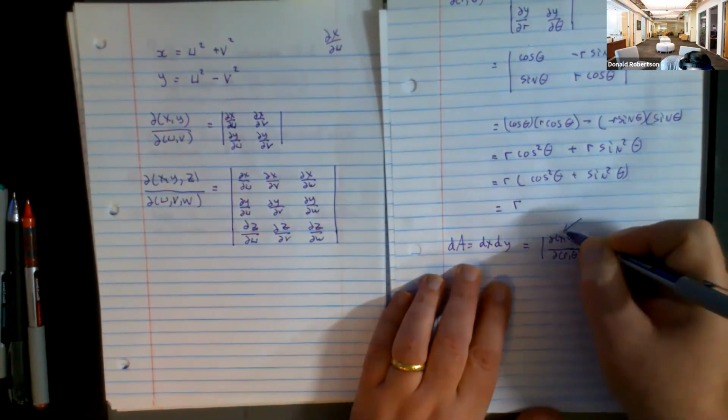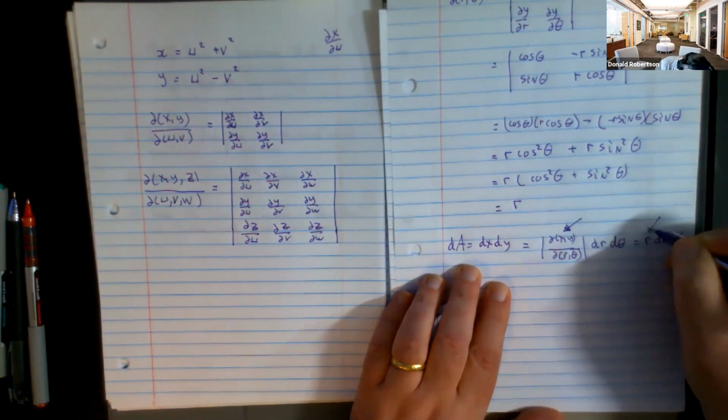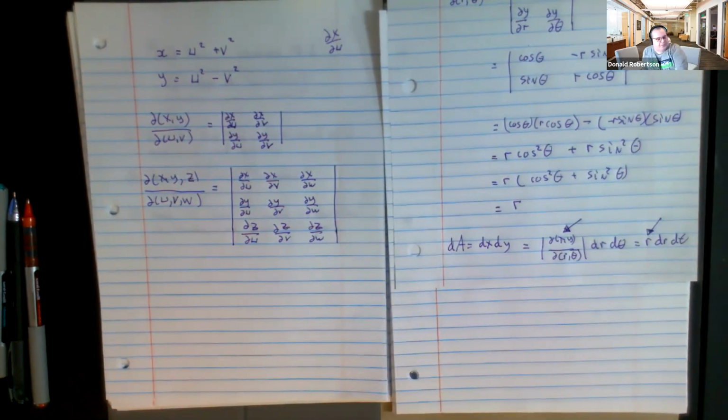So this fella here is where that comes from. So it's not magic, is it? That r is there for a very specific reason. The Jacobian is how you transfer an xy coordinate differential into an r theta differential.